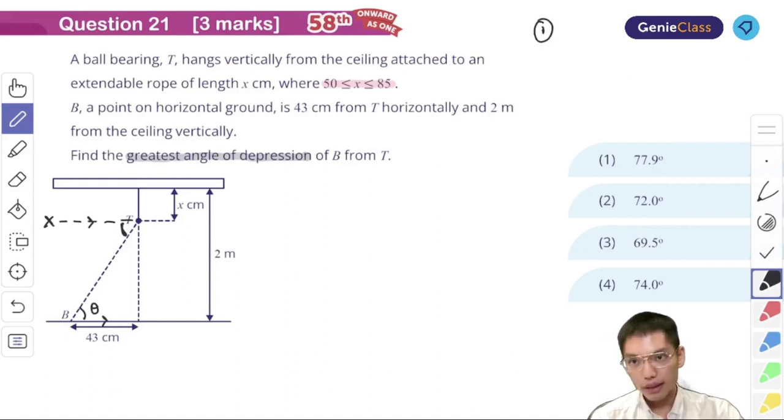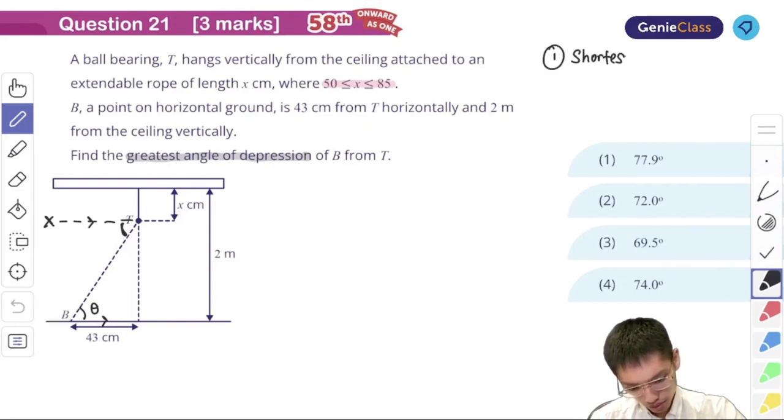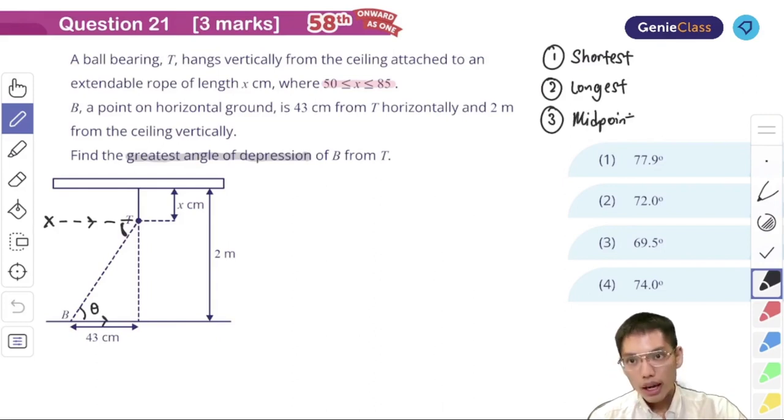For those who are unclear: 1, shortest rope. 2 is the longest rope. 3 is the midpoint of the rope. And in this case, 4 is don't need to consider.